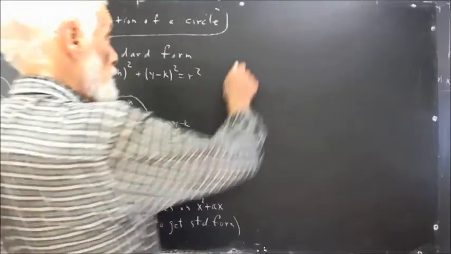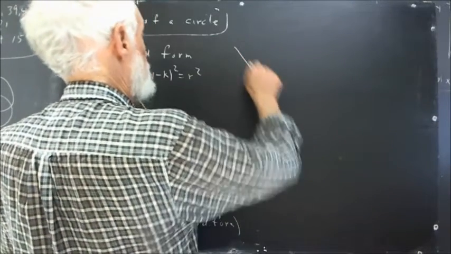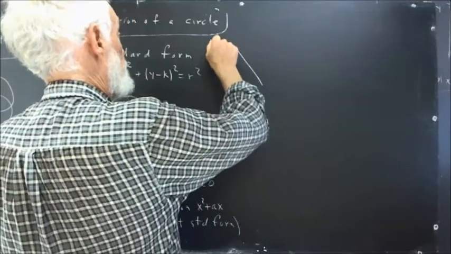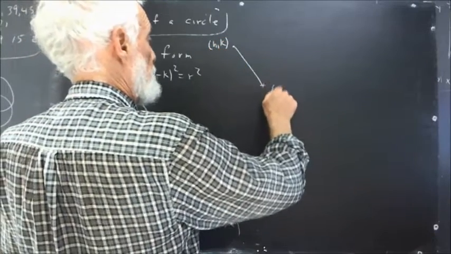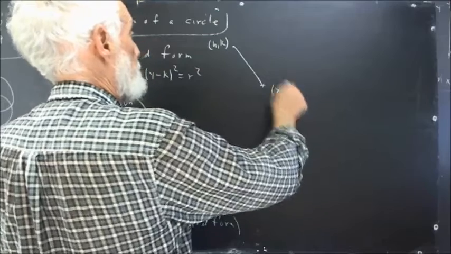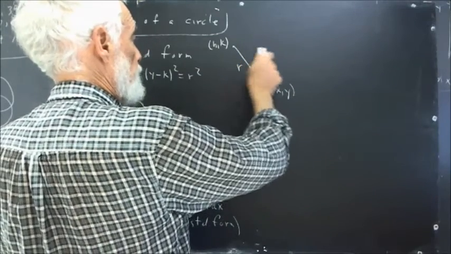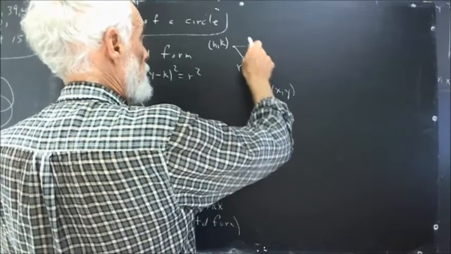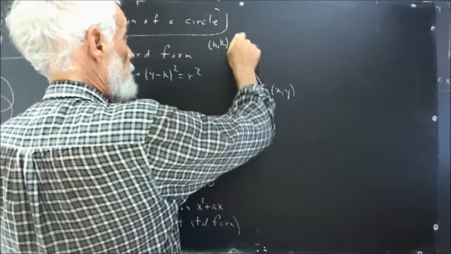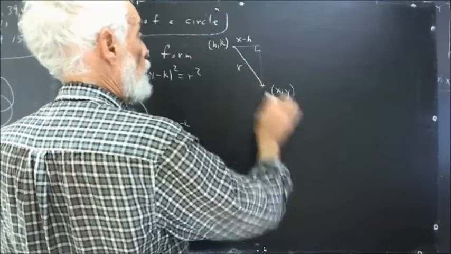Let's draw that a little bit bigger. Okay, again, here's the point (h, k). Here's the point (x, y). This distance has to be r. And here's our right triangle with legs x minus h and y minus k.